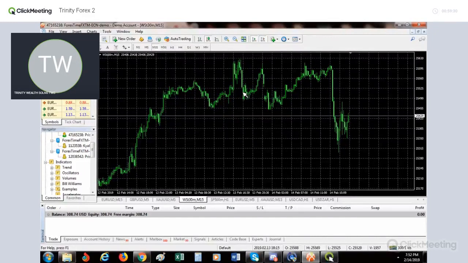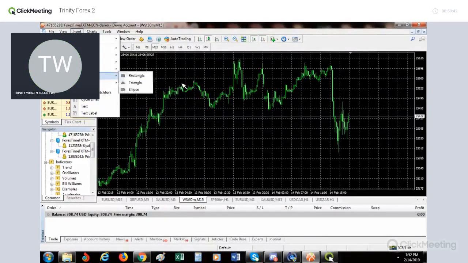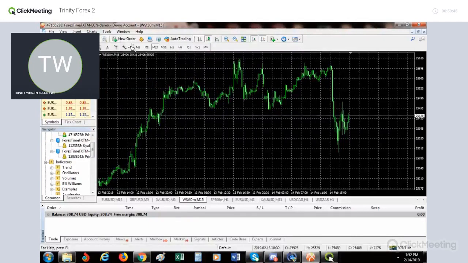Great. This is another very good opportunity. All right, this is actually a double top, right? We have a double top here. You can see this is the first. That's our first top.